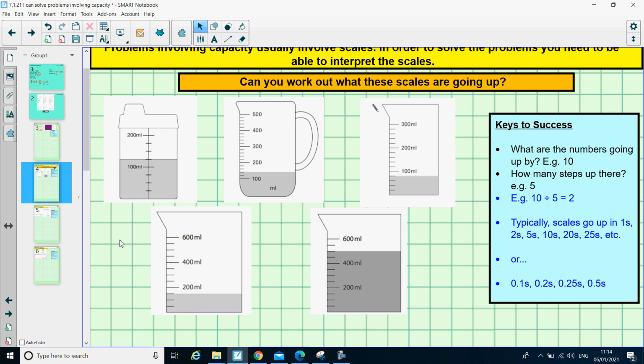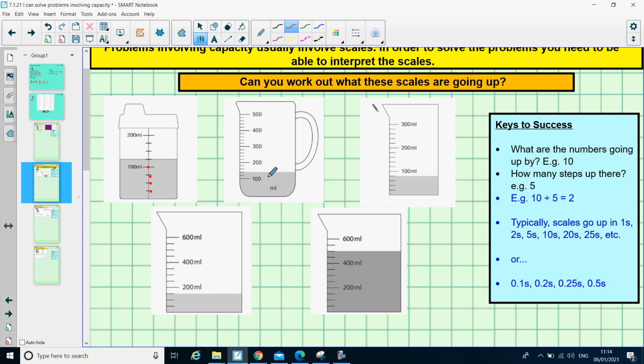So first of all, we've got to work out what the scales are going up in. So I'm going to take this first picture and see if we can work out what the scale is going up in. If you remember, we want to count the points on the scale and then divide by that total. Before I get to that first total on my scale, which is 100, I've got 1, 2, 3, 4 points on my scale.